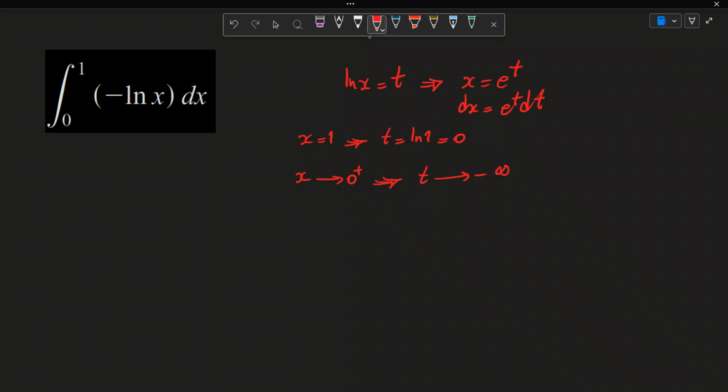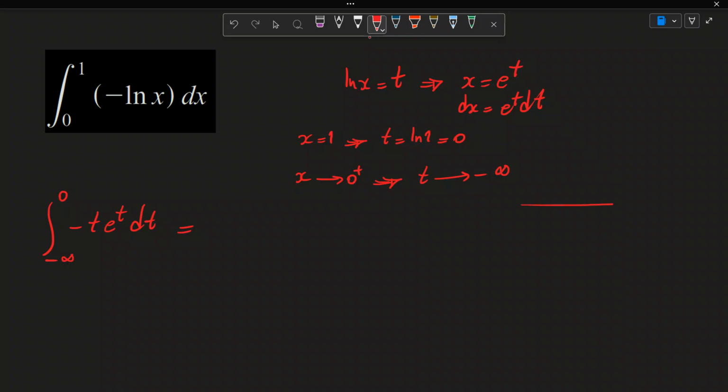So if I use this substitution, then the new integral is going to be from minus infinity at 0, to 0 at 1, of t times e to the t dt. Now we can study this first type improper integral instead of the second type.